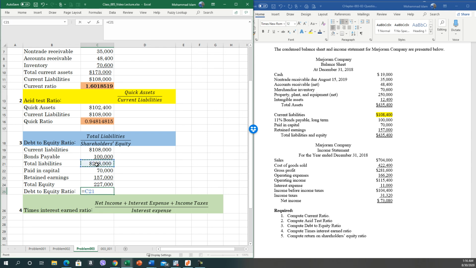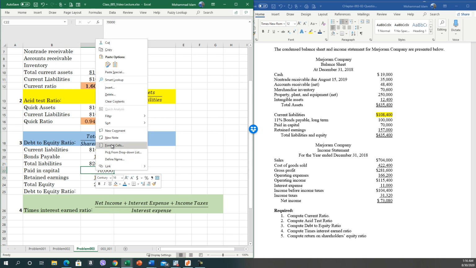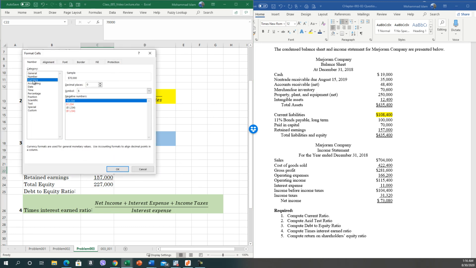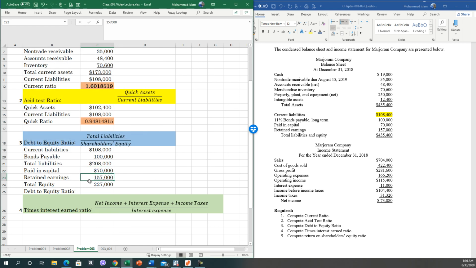So it's equal to this one divided by this. It is giving me an error because I am dividing a dollar amount by a number, so it is giving me dollar. Okay, so we need to use 70,000, correct? Oh no, it's not taking it. Let me format the cell. So that is currency. Okay, now here you go.